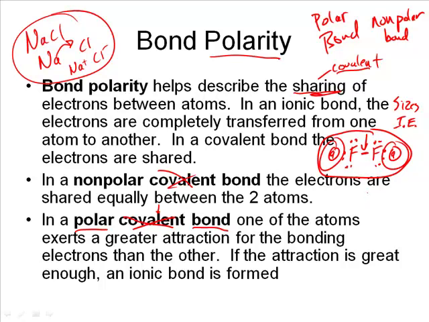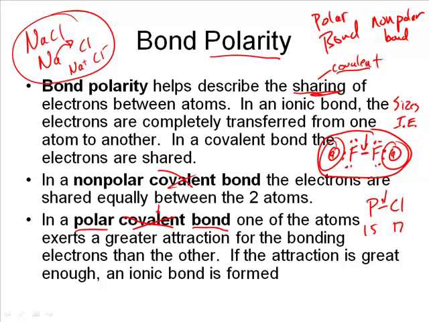In a bond such as a bond between, let's say, phosphorus and chlorine, phosphorus has 15 protons, chlorine has 17. They again do have the same number of core electrons because they're in the same 3p orbital.